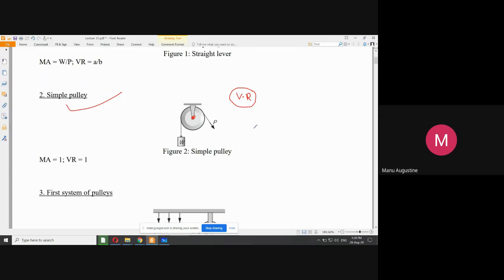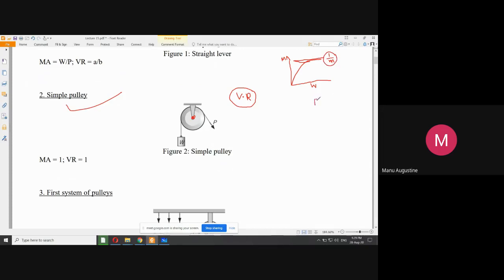You even looked at the graph of mechanical advantage versus load in your previous lecture, where mechanical advantage was taken on the y-axis and load on the x-axis, and you saw that your curve is somewhat like this. It becomes a maximum at a value of 1 by m, where small m is the constant slope in the law of machines.